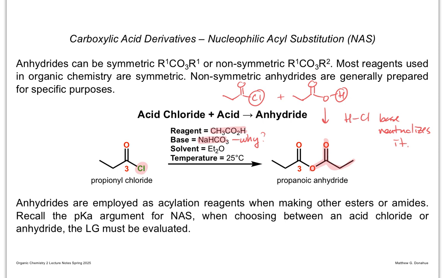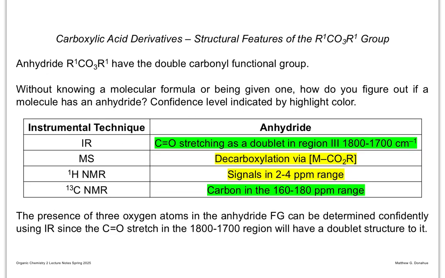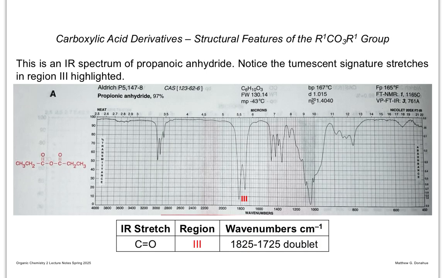So that's the anhydride. Remember, that's the functional group that's two carbonyls linked by an oxygen. So it has a pretty unique IR signature, and that's the main diagnostic tool that you would use to say you have the anhydride. So in the carbonyl region, it has a doublet. So I'll outline that.